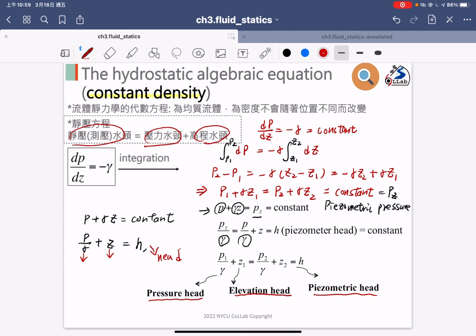So why can we say this is a constant? That's because the condition satisfies the constant density.